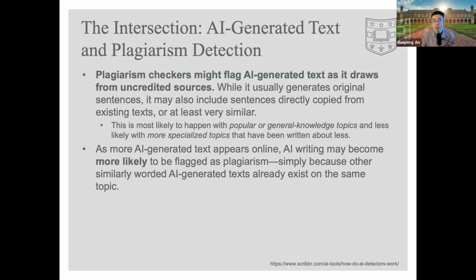And that is OpenAI alone, not considering many other language models. So probably in the next 5 to 10 years, we will see a dramatic rise of AI-generated text that is going to dominate the internet. And if that happens, then it is unclear how the plagiarism checkers are able to check against the database if the database is primarily filled by AI-generated text.